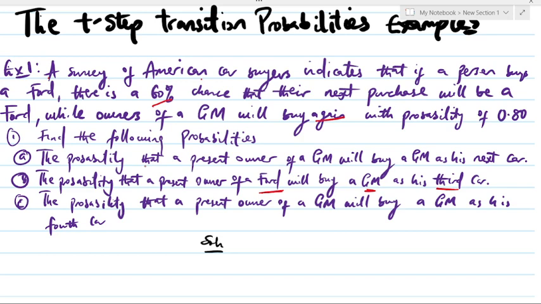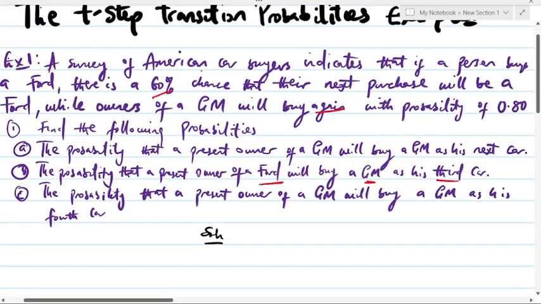So find the following probabilities: the probability that a present owner of a GM will buy a GM as his next car, the probability that a present owner of a Ford will buy a GM as his third car, and the probability that a present owner of a GM will buy a GM as his fourth car.